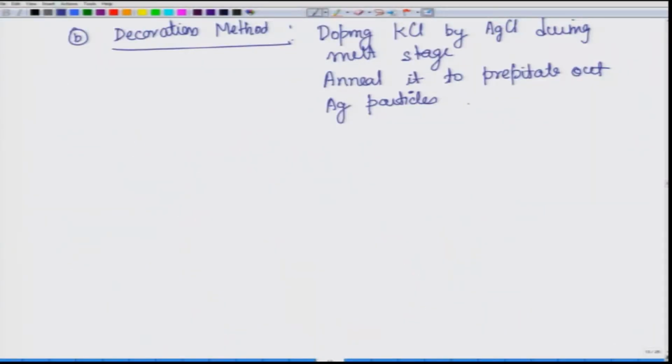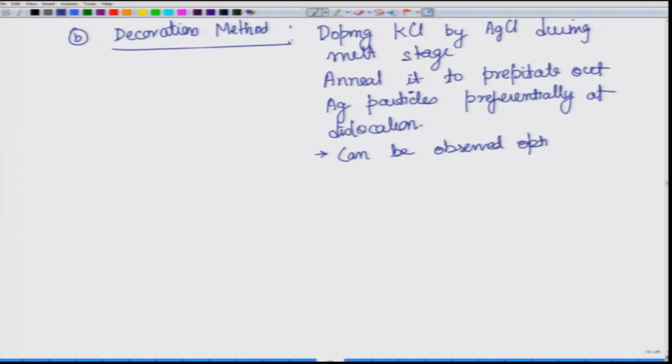So, silver particles precipitate out preferentially at dislocations, and they can then be observed by optical micrograph.